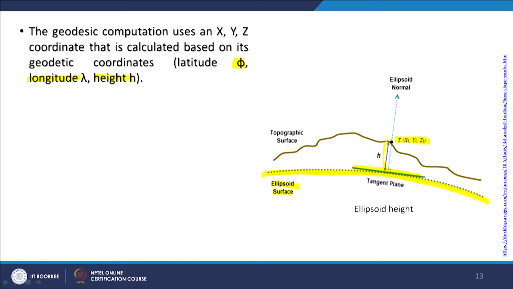If it is coming from the earth center, then definitely it would be the ellipsoid normal, otherwise not. So variations may come, that is why in GNSS you get variations. You expect something but you may not get an accurate elevation value.